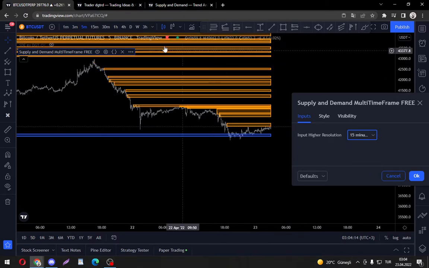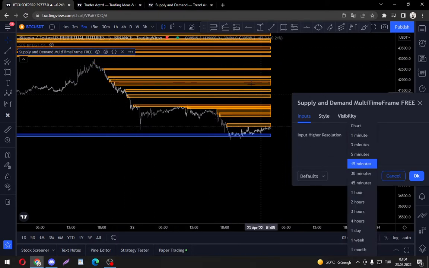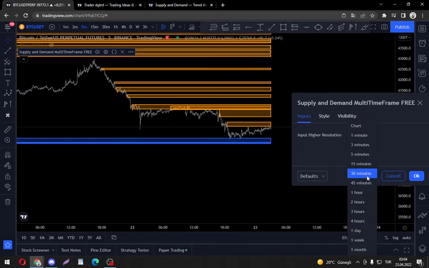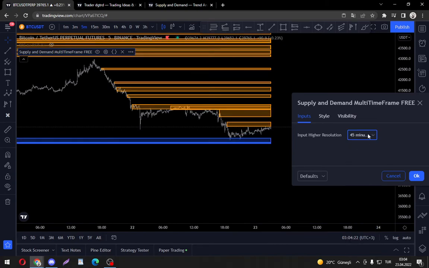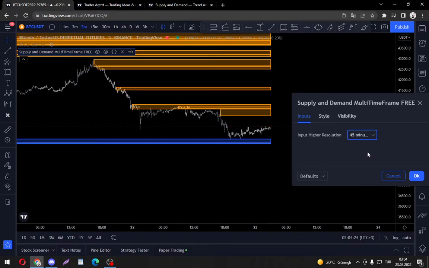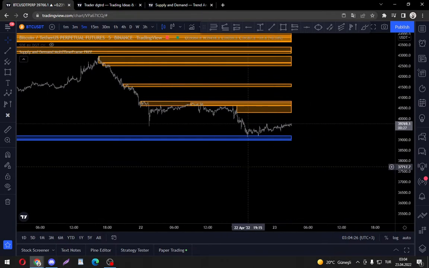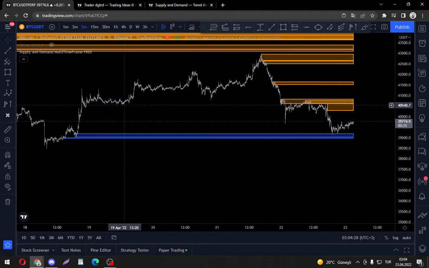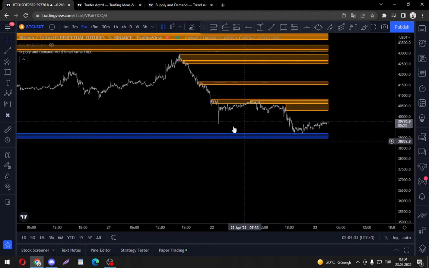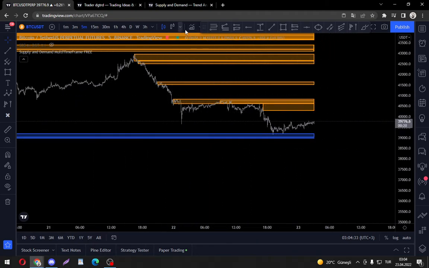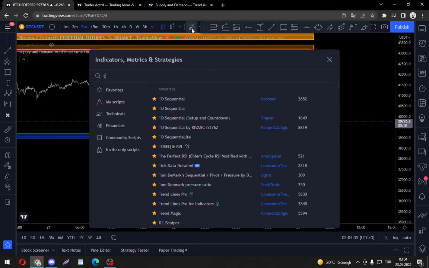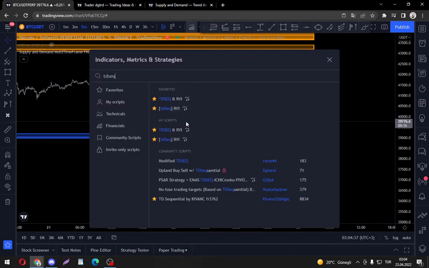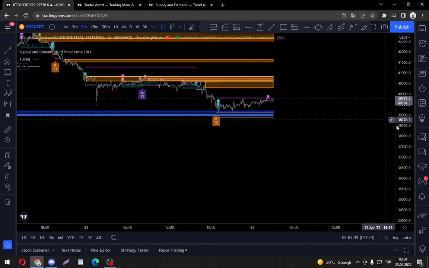So if I'm on a 5-minute chart, I can inspect the supply and demand of the 15-minute, 30-minute, 45-minute chart. And as I go up on time frames, you can see that the supply and demand zones become a whole lot more consistent.